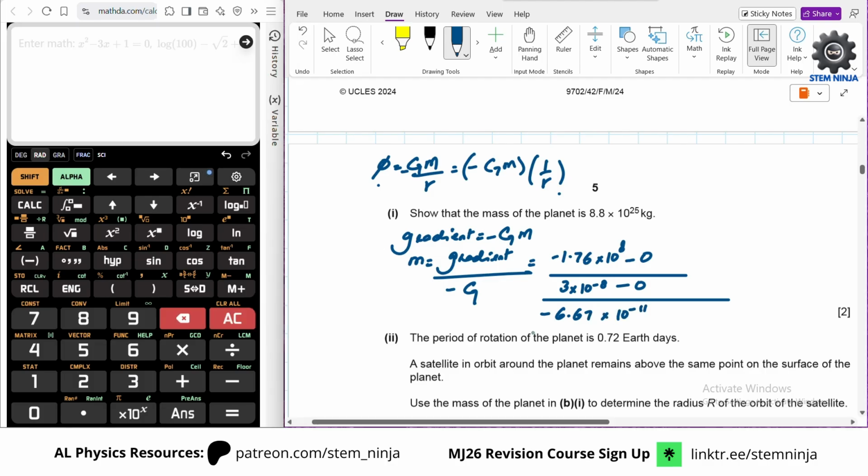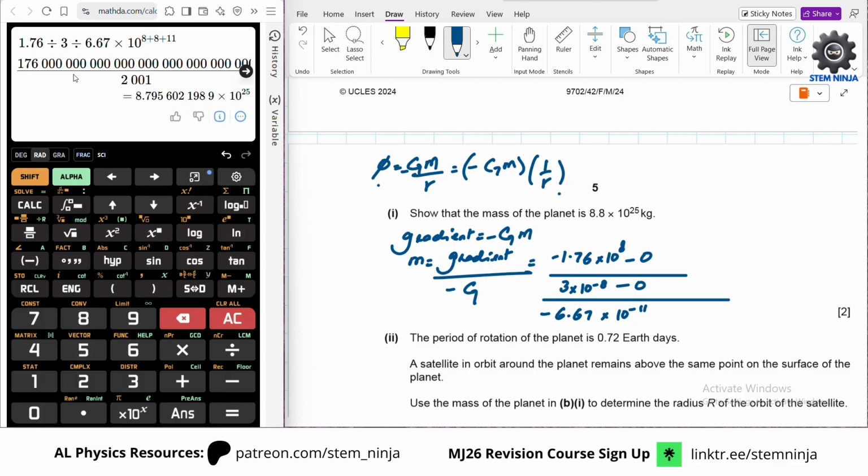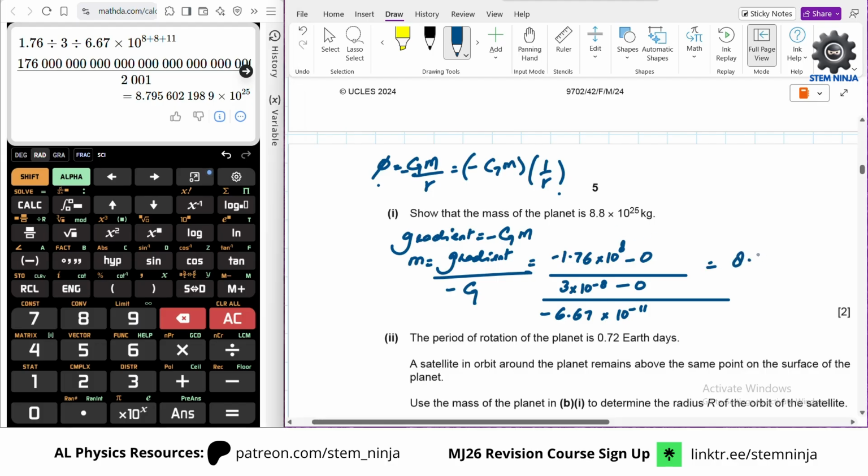So minus G. The minus minus we can forget about. So 1.76 divided by 3 divided by 6.67 times 10 raised to power 8 plus 8 plus 11. Right. So basically, as you can see, this is coming out to be 8.795 times 10 raised to power 25, which can be rounded to 8.8 times 10 raised to power 25 kg.